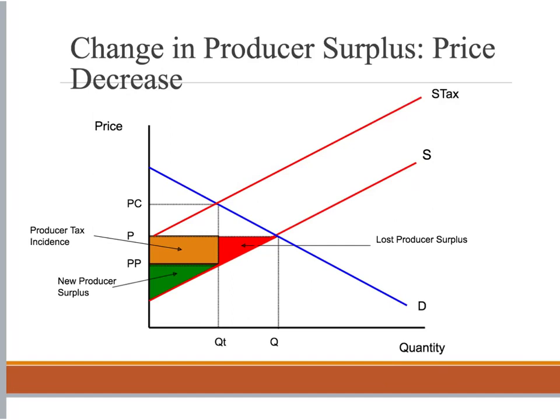This also means in order to maximize their profits, producers must lower the price of their products to keep customers interested in purchasing QT amounts of the product. So the price producers receive for selling this product falls from P to PP. The orange box represents producer tax incidence, while the red triangle represents the loss to producer surplus following the tax. So in order to maximize their profits, represented by surplus in green, producers must lower the quantity supplied to QT.